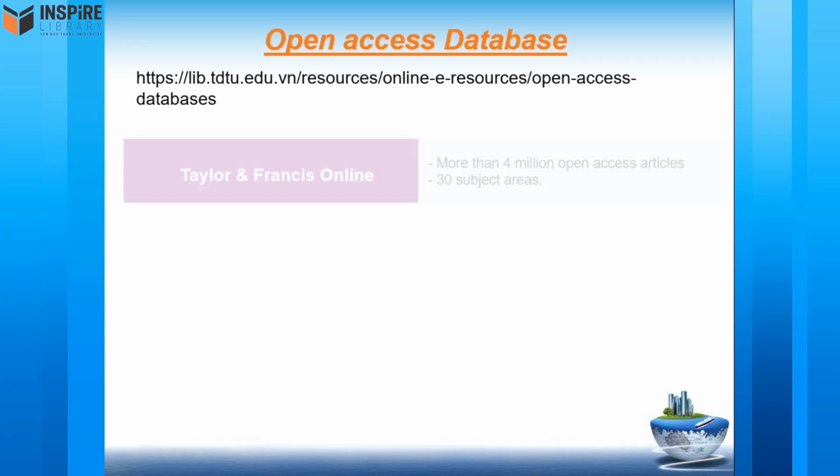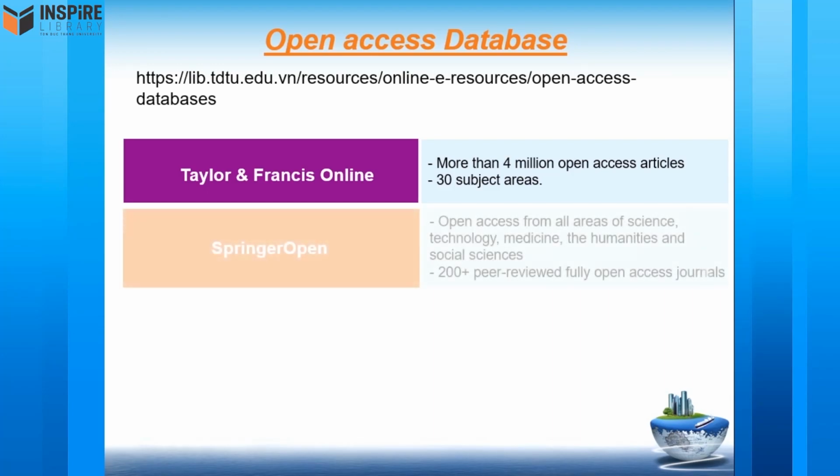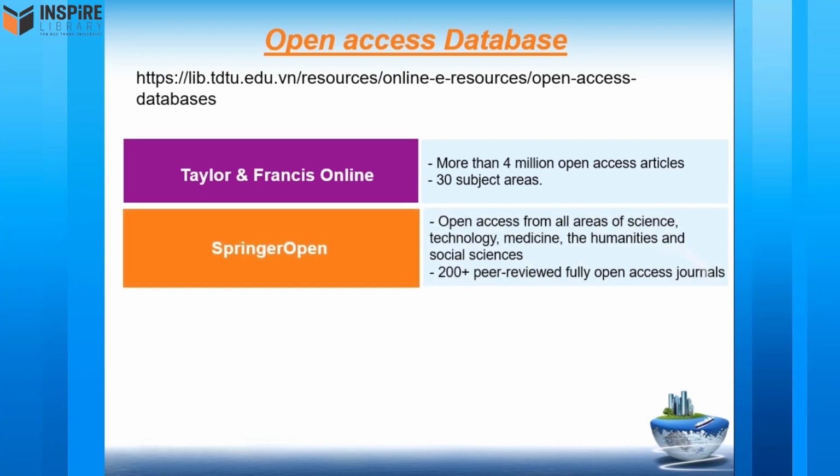The first database I want to tell you about is Taylor and Francis Online, with more than 4 million open access articles and 30 subject areas. The second one is Springer Open: open access from all areas of science, technology, medicine, the humanities, and social science, and more than 200 peer-reviewed fully open access journals.